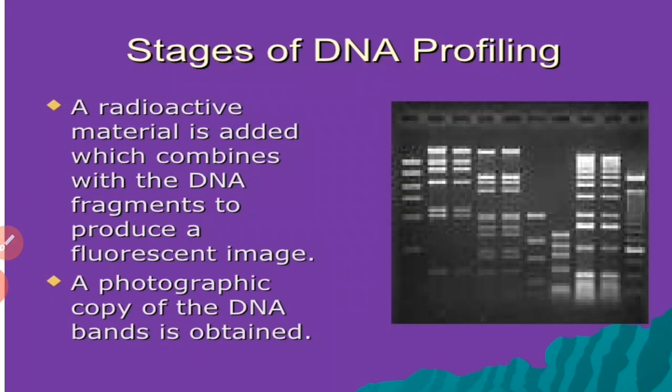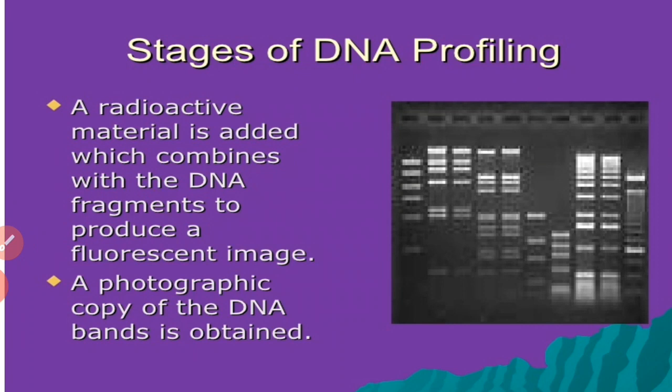Now the next step: these segments are transferred to nitrocellulose paper or nylon paper. Because this agarose gel is fragile and can break easily, it has to be transferred onto the nitrocellulose paper.